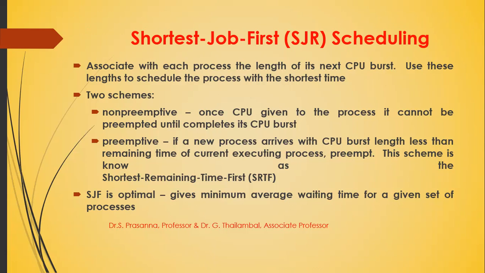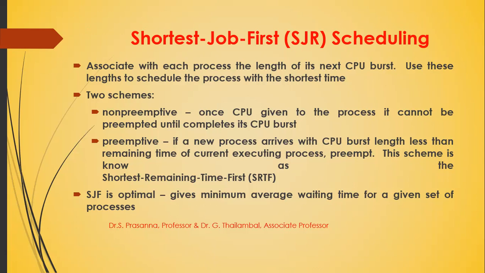Preemptive scheduling is when a new process arrives, the CPU automatically checks for the shortest time. If it is shorter, it will preempt the process already in execution and give the CPU to the current process. This is called shortest remaining time first scheduling.